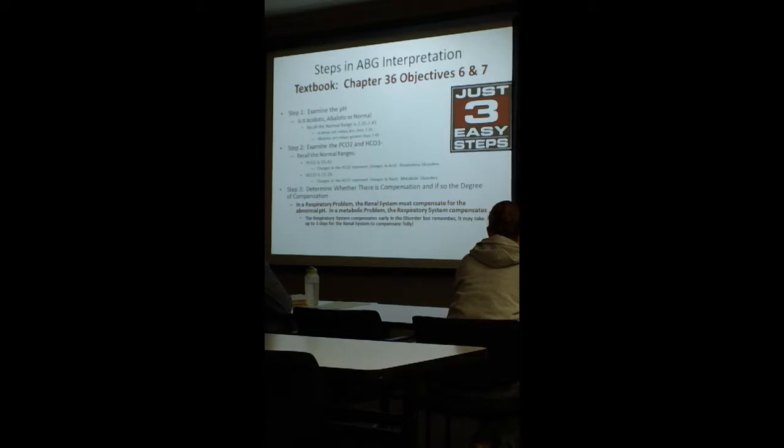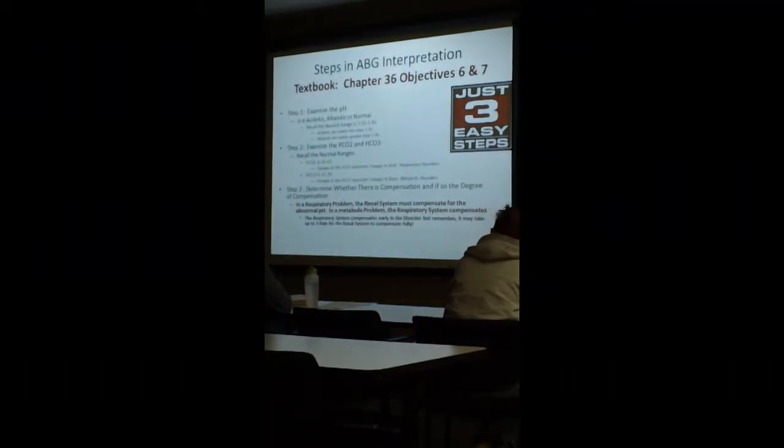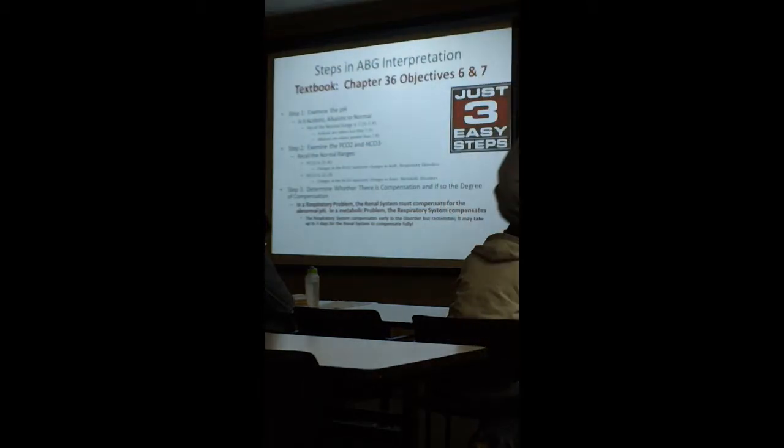You just look at those 3 values. Everybody's always wanting to look at the PO2, even myself years ago. No, don't look at the PO2. You're looking at the pH, the PCO2, and the bicarb. That's all you need to look at to determine whether it's acidosis or alkalosis, and if it's metabolic or respiratory.